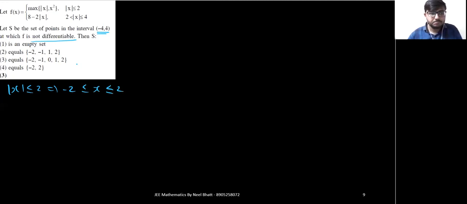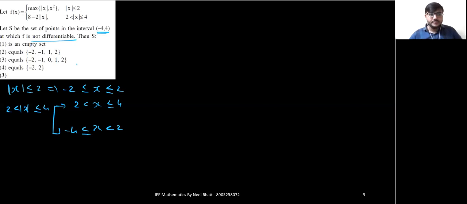And 2 less than or equal to mod x less than or equal to 4 means there are 2 parts: 2 less than x less than or equal to 4 and -4 less than or equal to x less than -2. Now these are the parts. So first, here it is -2.